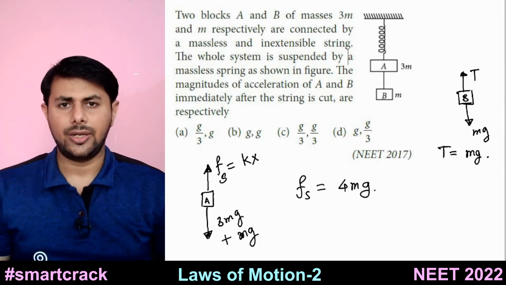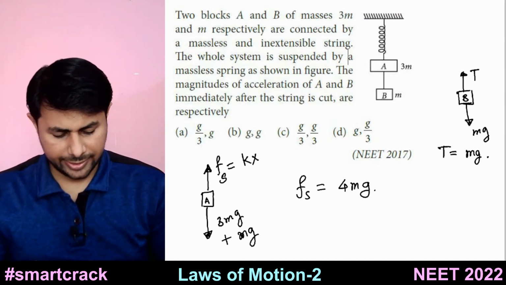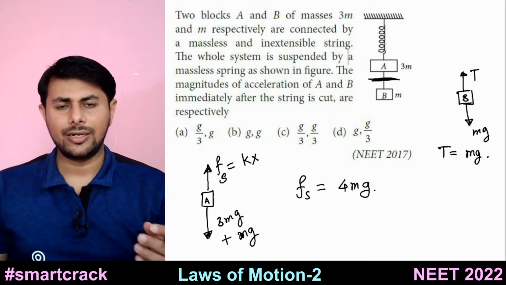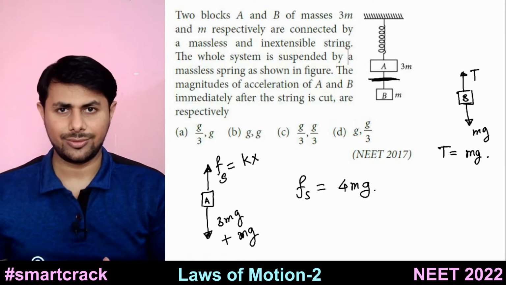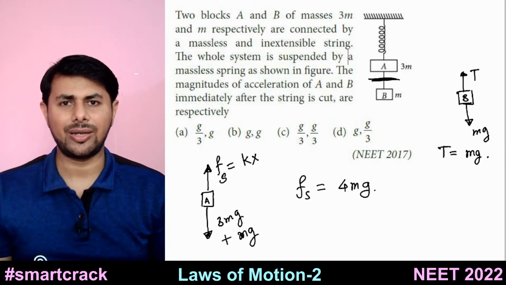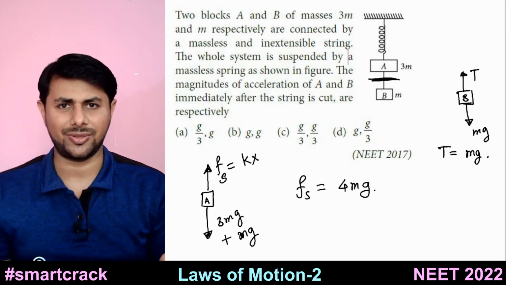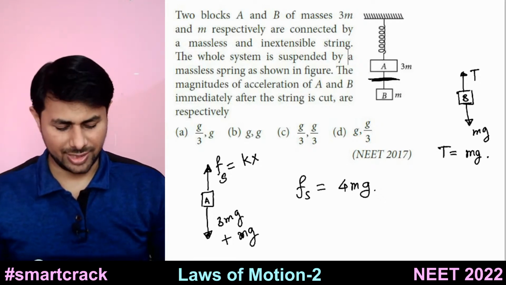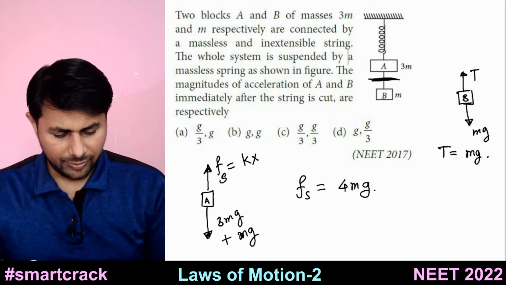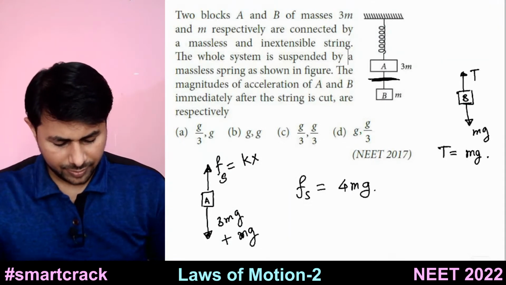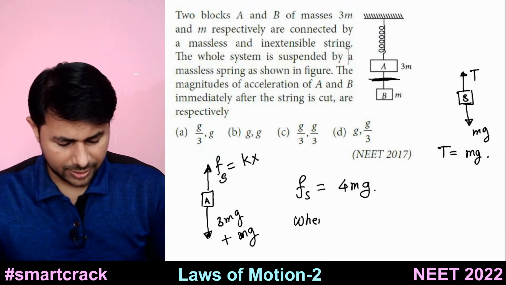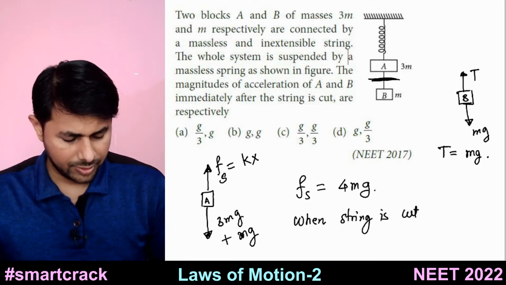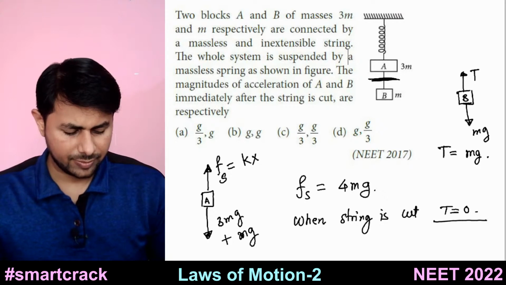Now if you cut this string, what will happen? All of a sudden tension will become zero, because now there are no weights to be supported. So when the string is cut, T becomes zero.